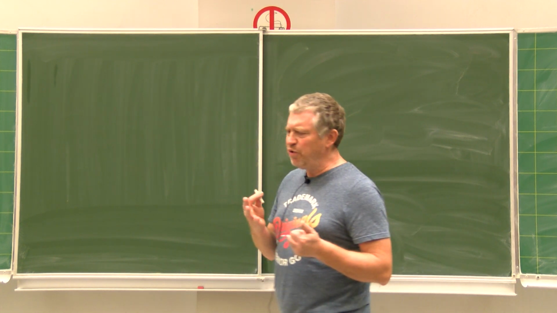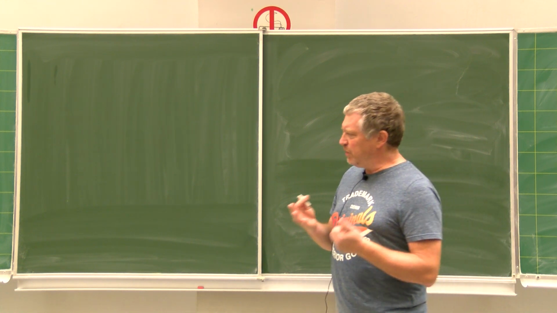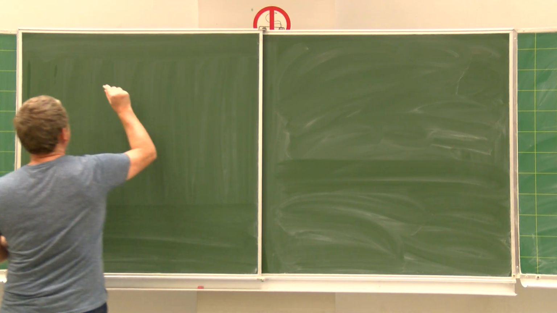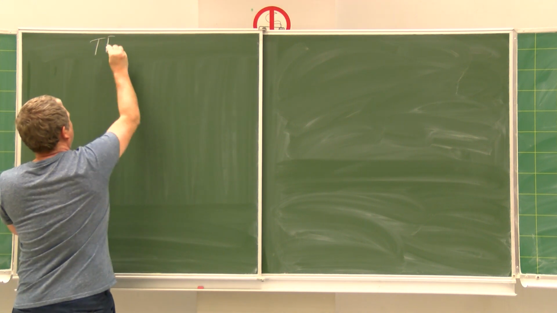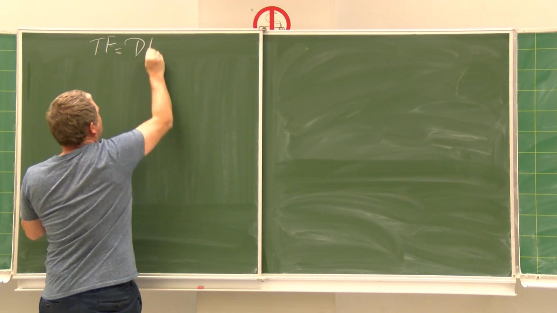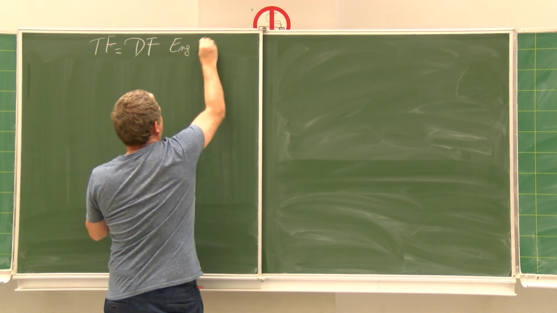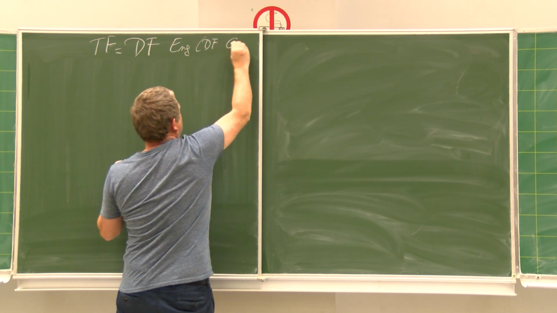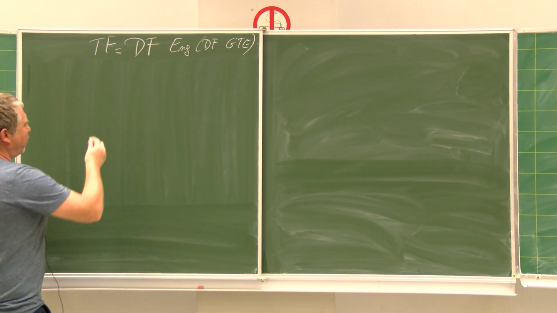But let's continue first on the turbofan. The turbofan, if we want to summarize that, is also called a double flow engine or double flow gas turbine engine, where we have two flows.